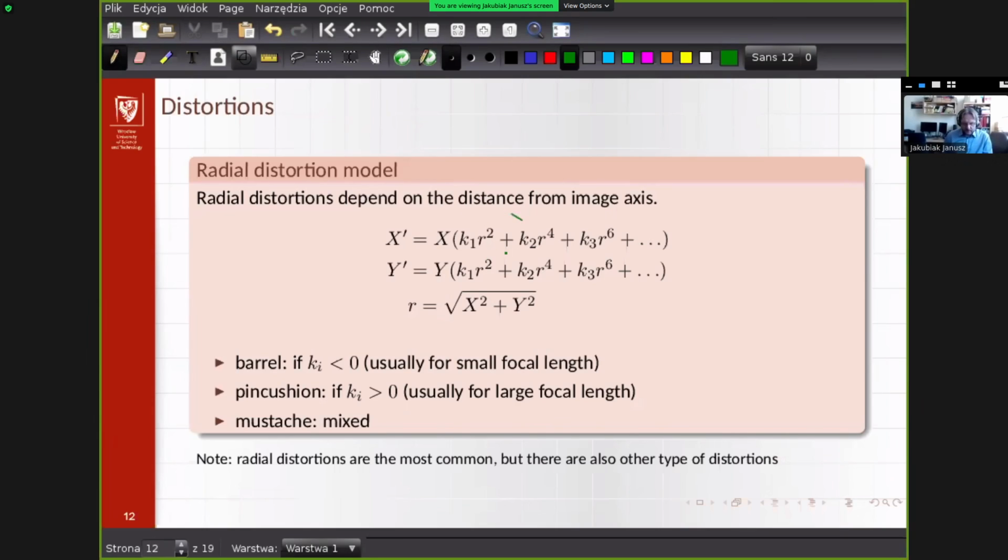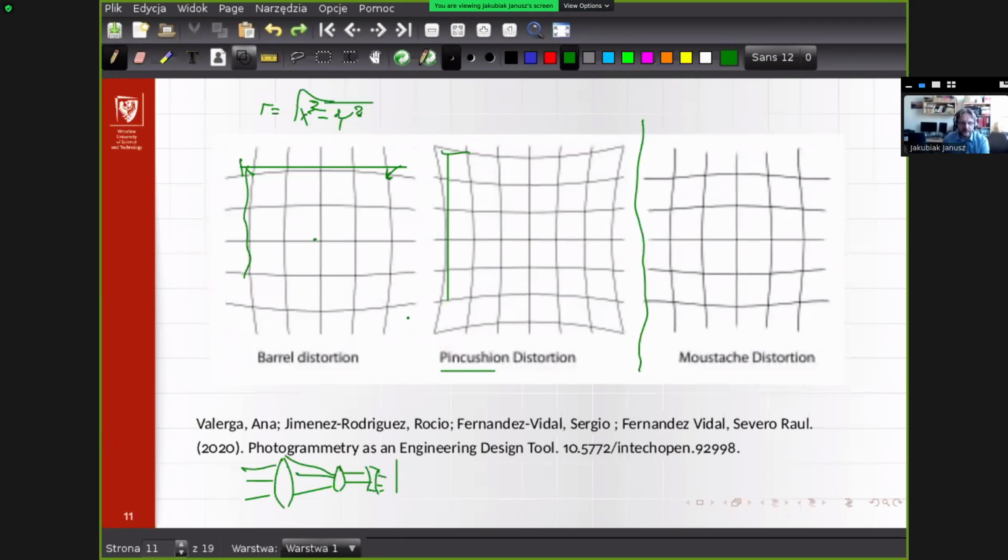Okay, what you can do, of course, if you need a very precise image, is the compensation of the distortions. The standard procedure is taking a checkerboard type image, observing it with the camera, recording the image, calculating the points, checking their positions.